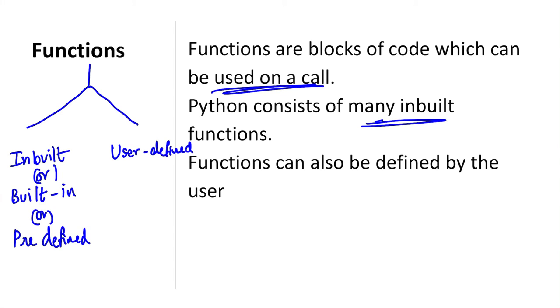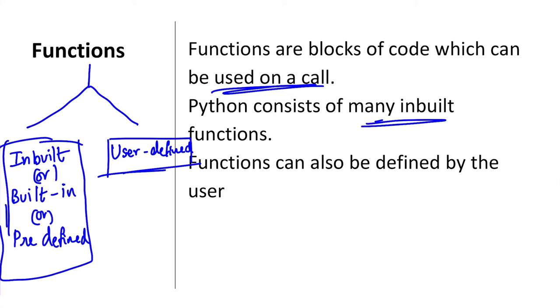User means whoever is writing the code. So these are the two basic types of functions. The first one is inbuilt, and the second is user defined, wherein users define the function as per their requirements. Inbuilt functions are open for all to use.